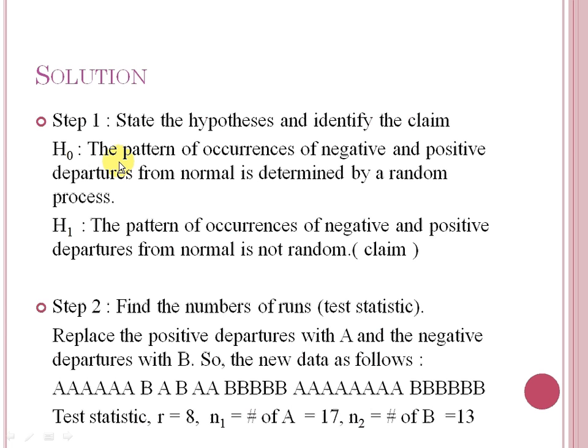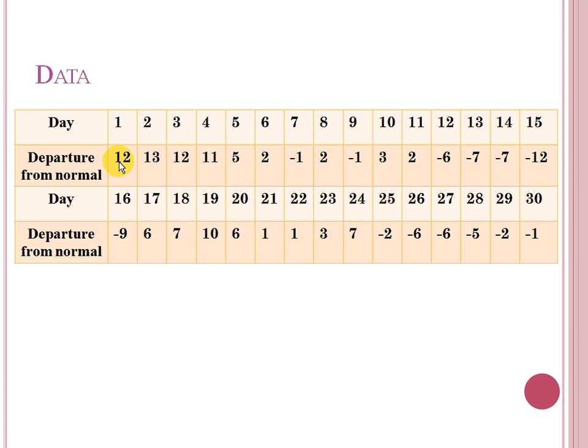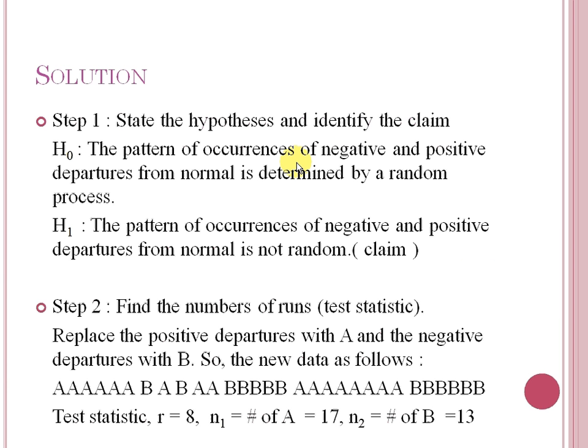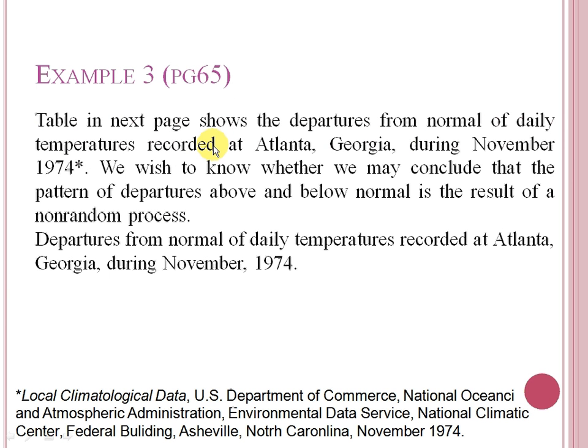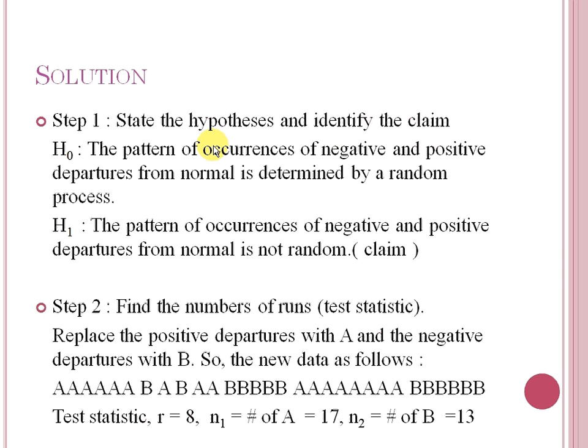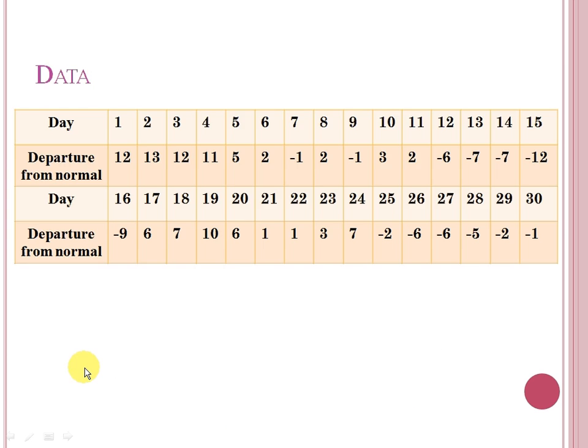In this case, those that are positive, that is above 0, we will record as A, and negative, below 0, we will record as B. So we write the hypothesis: random and not random, and we find the number of runs.